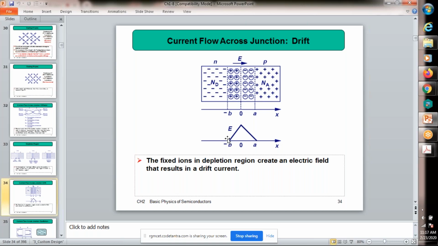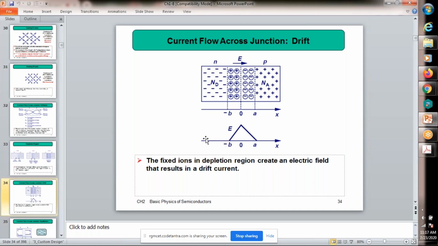Now, at the junction, x is equal to 0, the electric field intensity is maximum. At the junction the drift electric field is more, and slowly it decreases on both sides, right? One more observation: in this region there is no electric field.